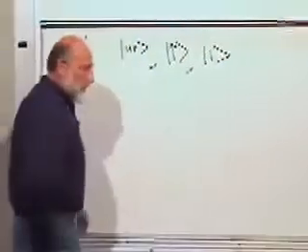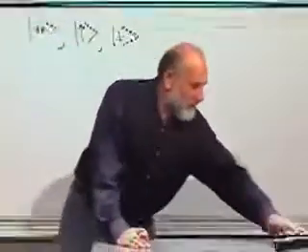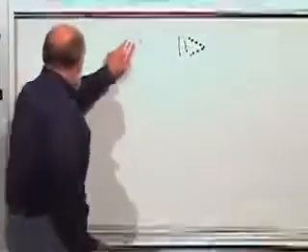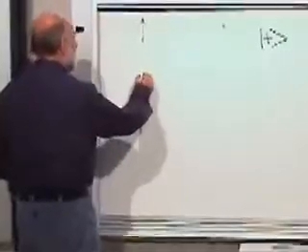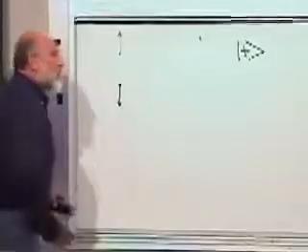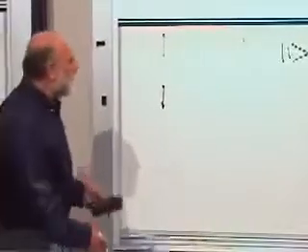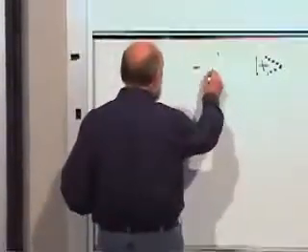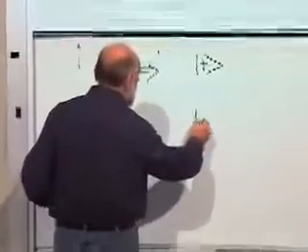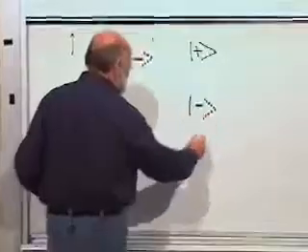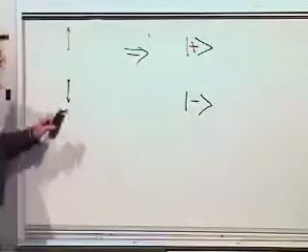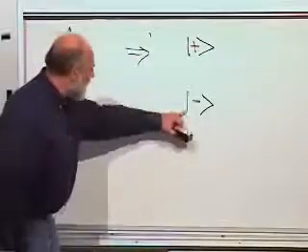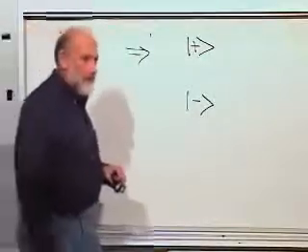I think I'll just call it plus to indicate that it's pointing upward. Or we can have an electron which is pointing down. Now remember, when we go to measure the electron, we either find that it's up or down and nothing in between, and that we can identify with the vector minus. Just an abstract notation. This stands for the state of an electron pointing up. This stands for the state of an electron pointing down.